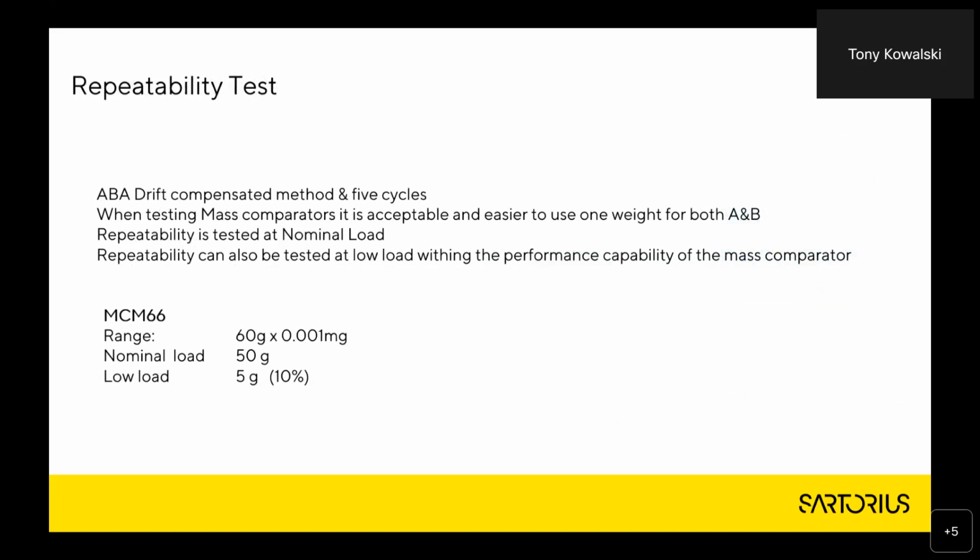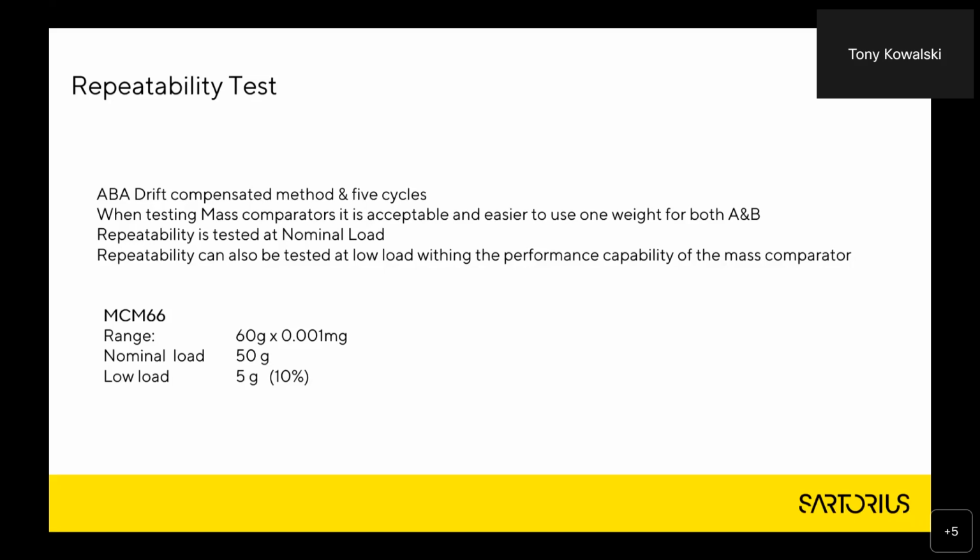And I did mention earlier that when you're testing the repeatability, it's acceptable and it's easier just to use the one weight for both A and for B. The repeatability is tested at the nominal load. So if it's model MCM66 with a 60 gram maximum, you're going to be testing 50 gram weights as the maximum.